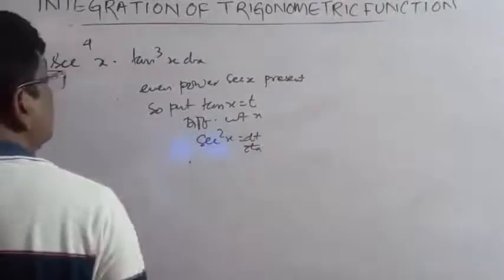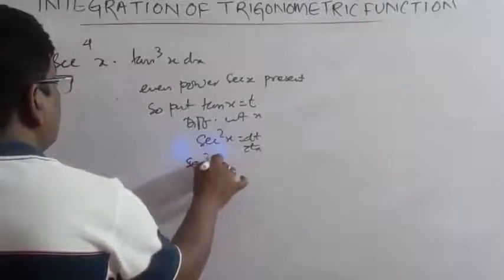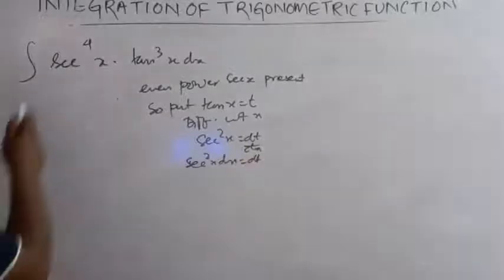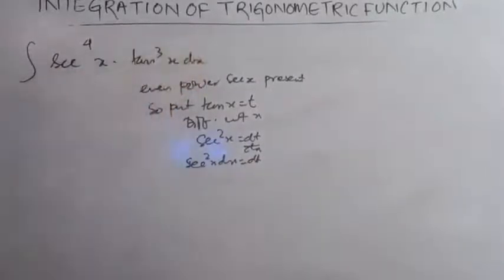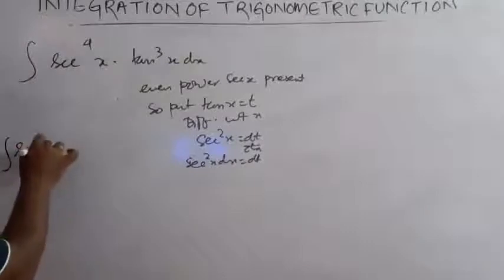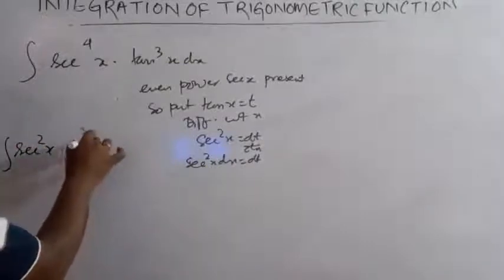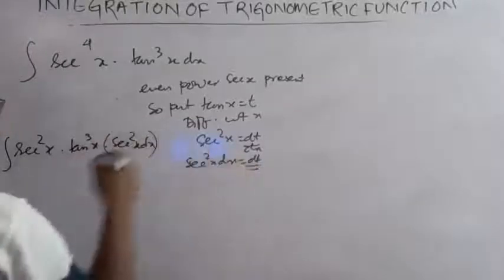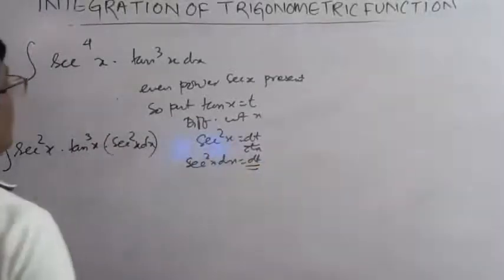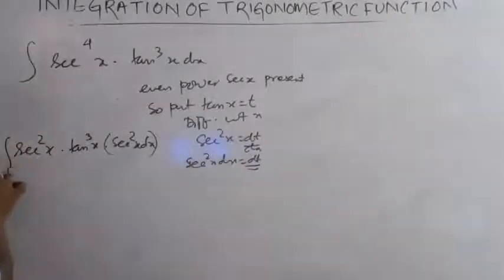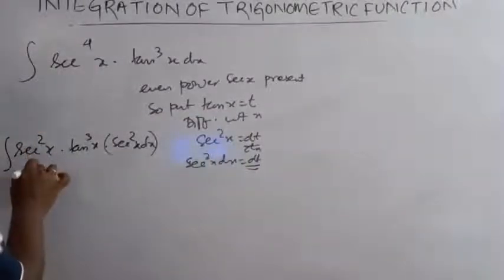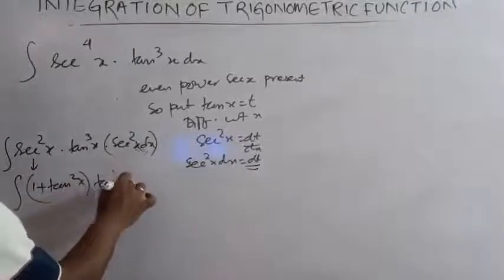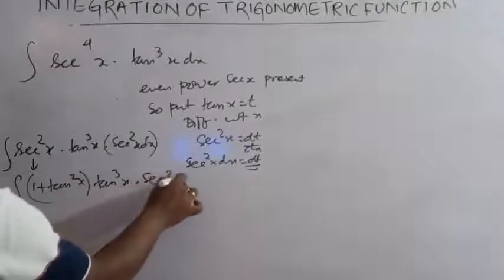So sec square x dx is equal to dt. Here sec 4th x is sec square x into sec square x dx. So this will be sec square x into tan cube x into sec square x dx. One term becomes dt. And here tan x equals t, so sec square x means 1 plus tan square x, into tan cube x into sec square x dx.